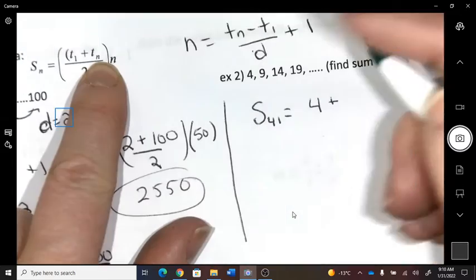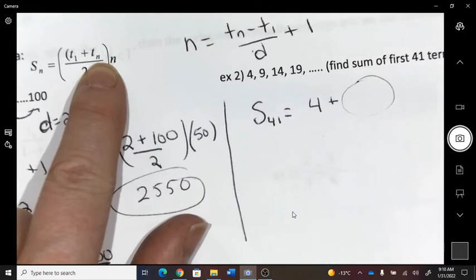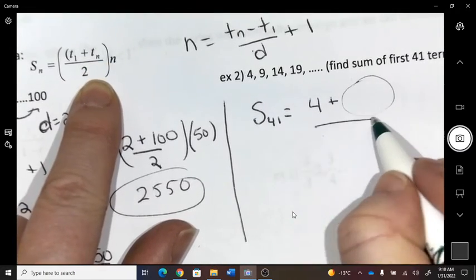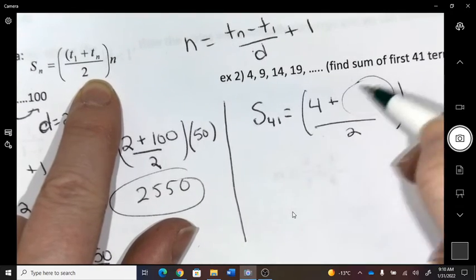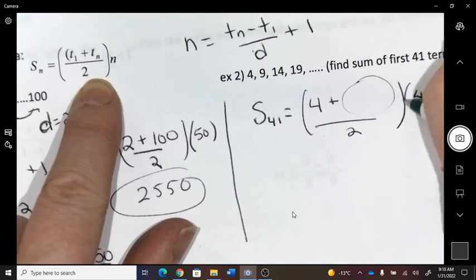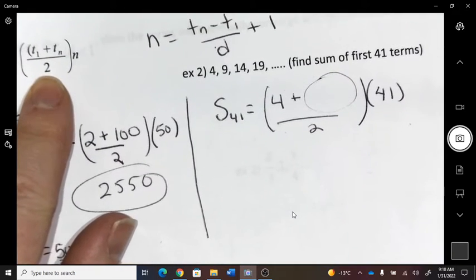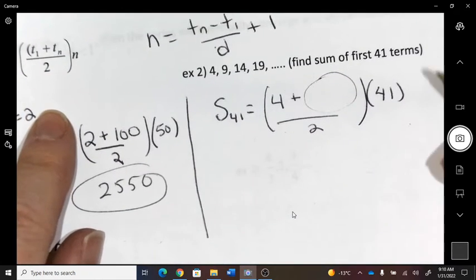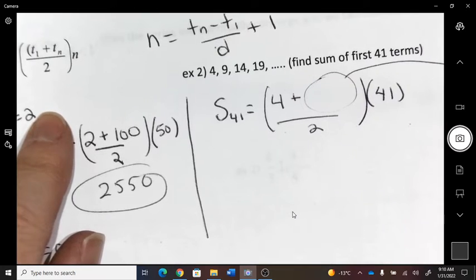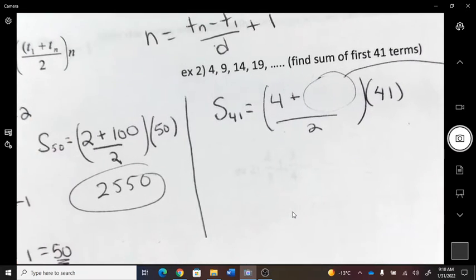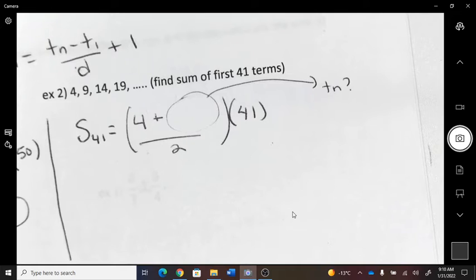Do I know what the last term is? Nope. Divided by 2 times the number of terms. So I don't know the last term.